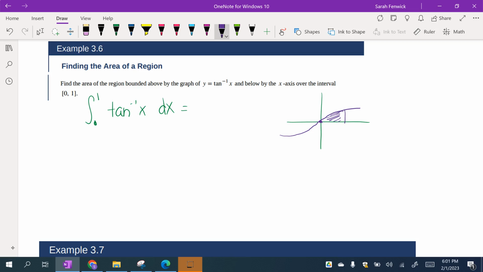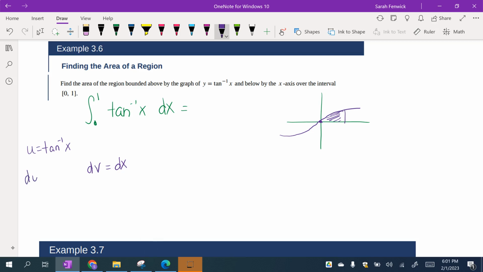So for this, we're going to say u is inverse tan x, and dv is dx. The reason we're doing this is we don't have an integration rule for inverse tan. We have a derivative rule for inverse tan, but we do not have an integration rule for it.